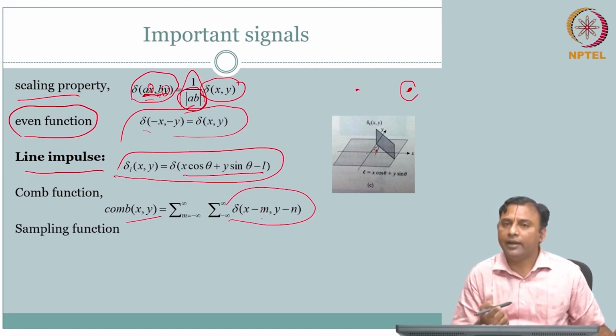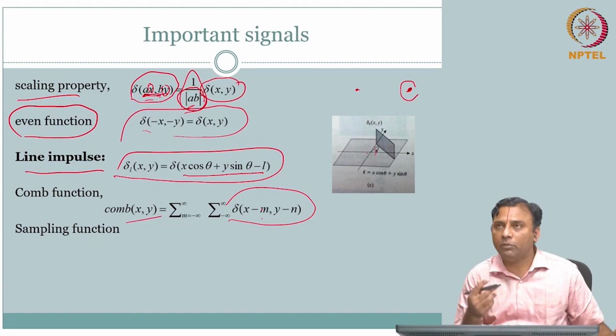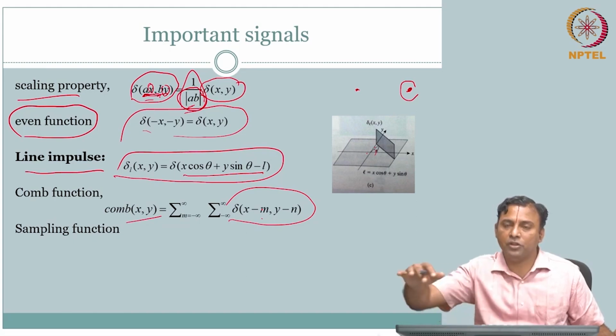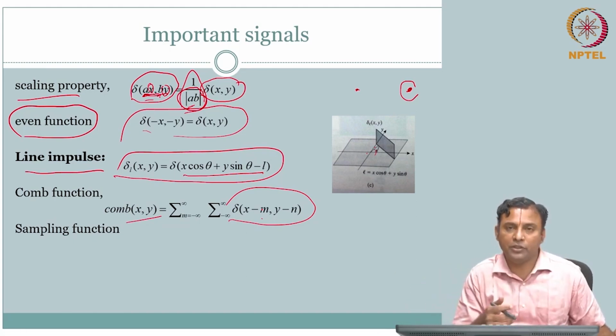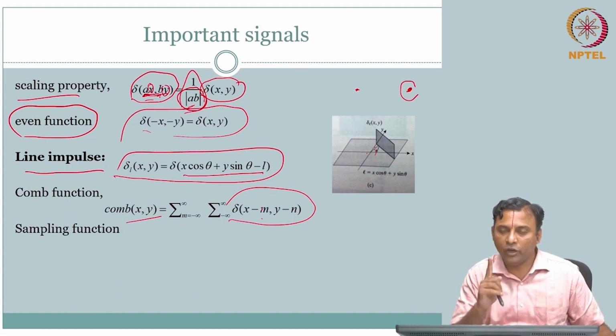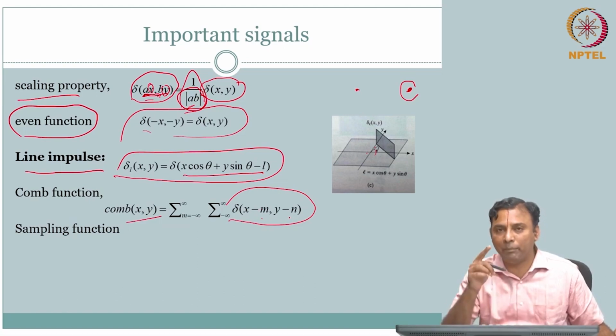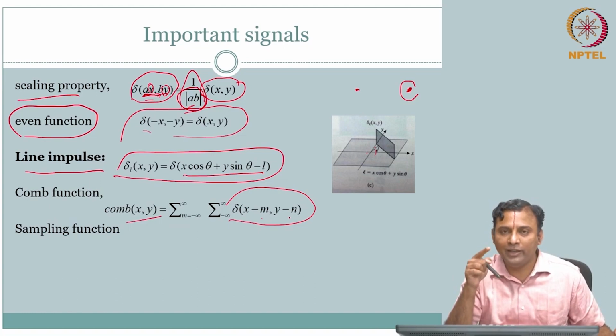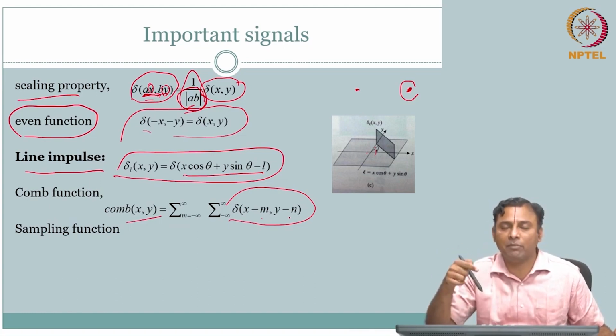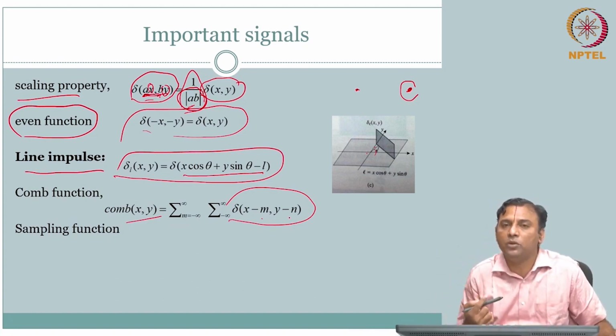And again, why is this important? We already talked about using these delta functions to pick values of a continuous function. So naturally, you can envision that if there are going to be spikes, delta functions like that at m comma n, then I could pick off from f of x comma y only at discrete locations m comma n, which is equivalent to sampling.